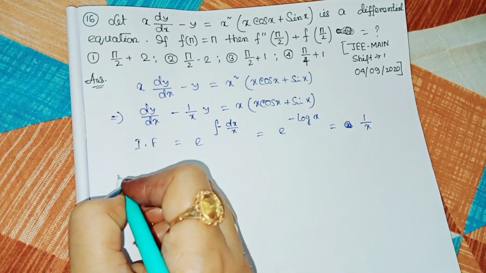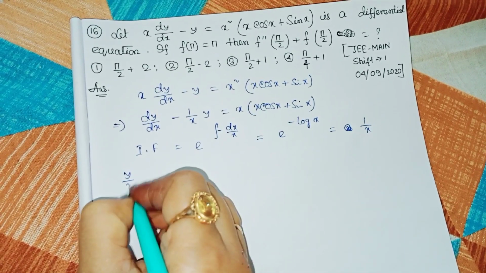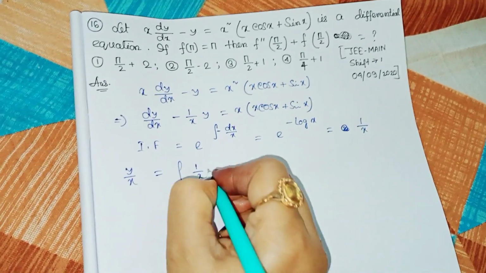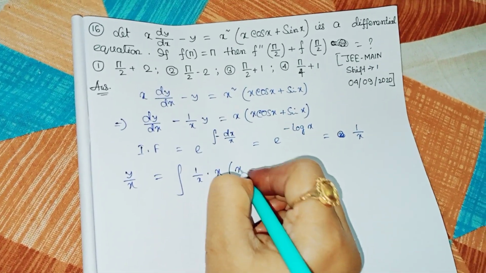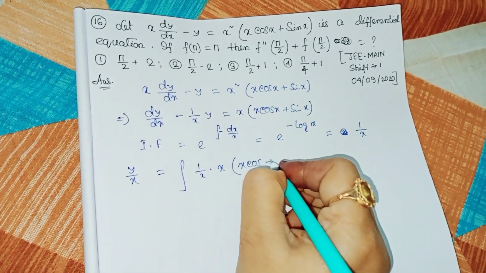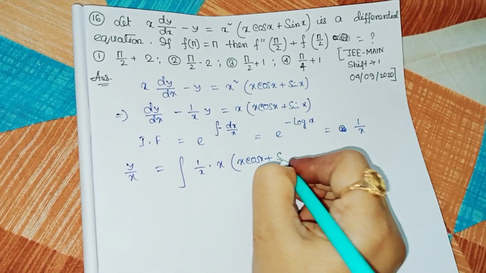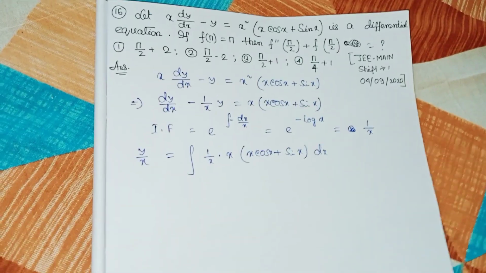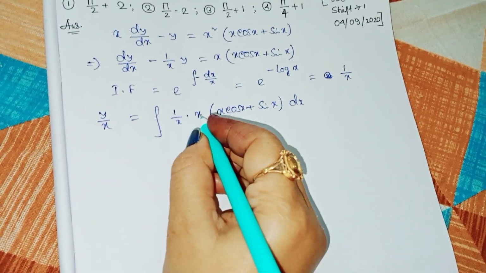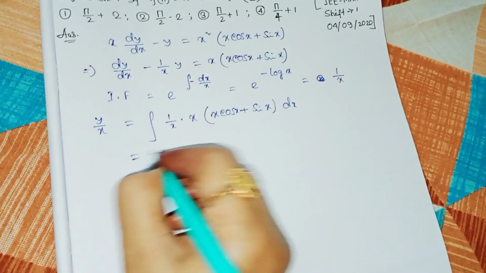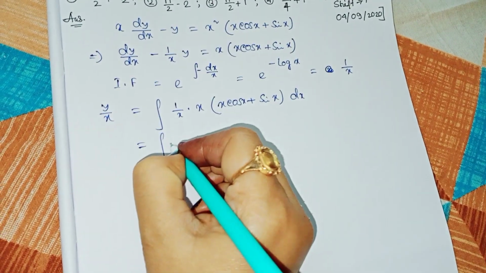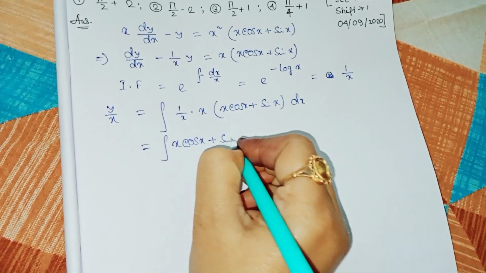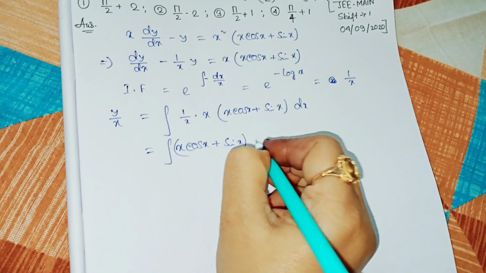Now the equation becomes y by x is equal to the integration of 1 by x into x (x cos x plus sin x) dx. Multiplying, x and x are cancelled off here, so it becomes the integral of (x cos x plus sin x) dx.